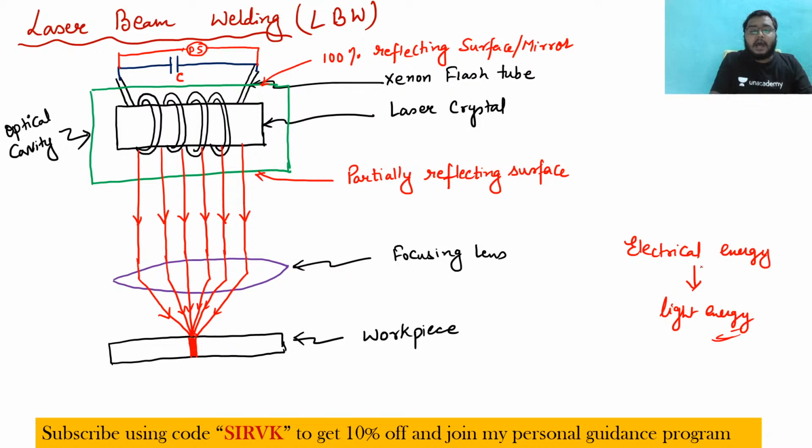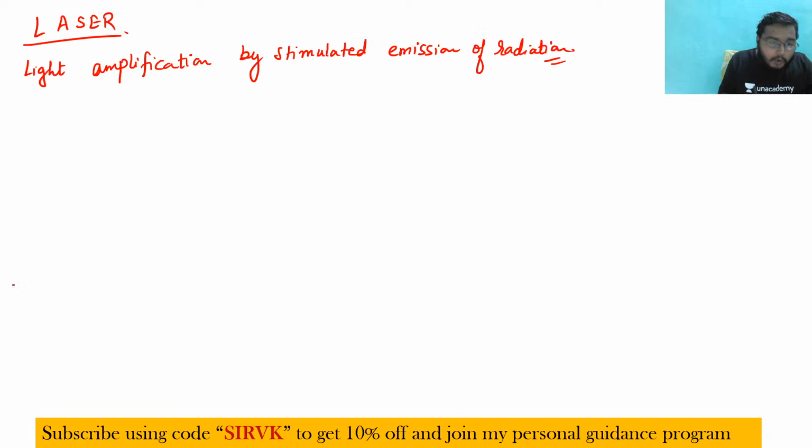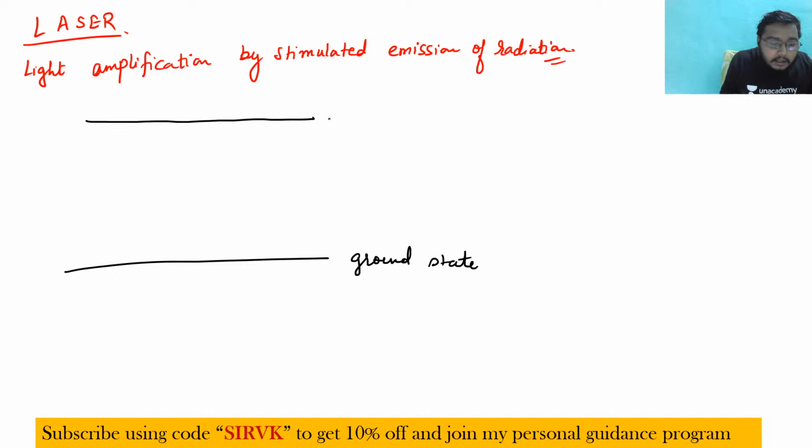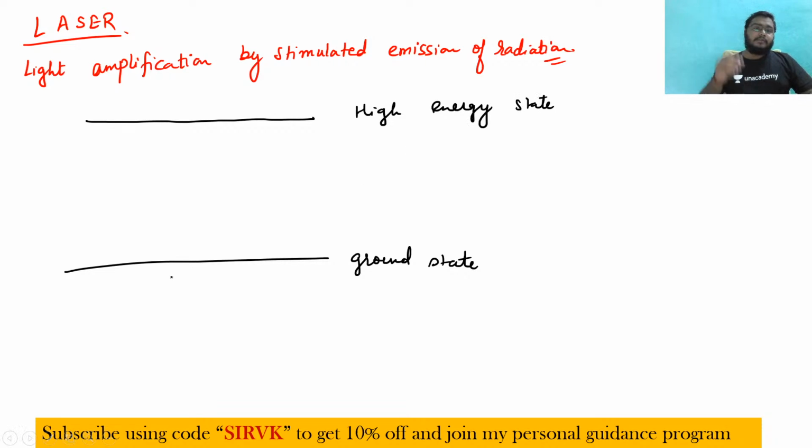How is this converted? Have you ever thought about how it is converted? See how it is converted. Suppose this is the ground state, and this is the high energy state. When you connect a xenon tube with the capacitor, the capacitor gives the power supply.